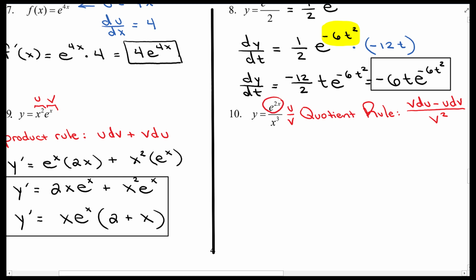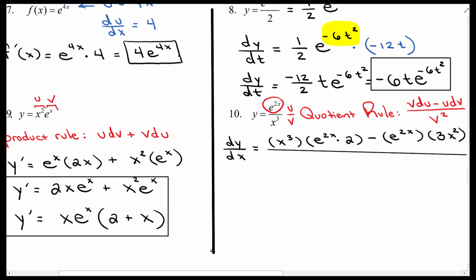So that's going to be dy/dx, or the derivative of y with respect to x, is equal to (x raised to the 3rd power) times (e raised to the 2x power, and then times 2) minus (e raised to the 2x power) times (3 times x squared) all over (x raised to the 3rd power) squared.